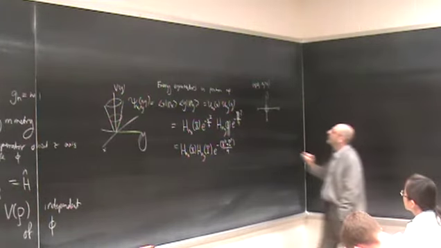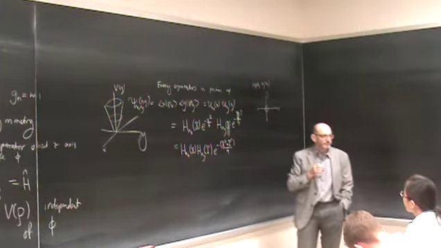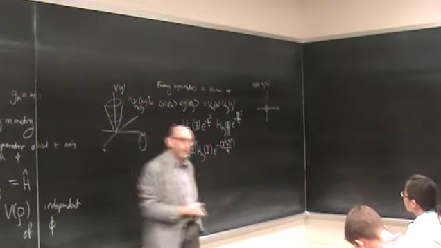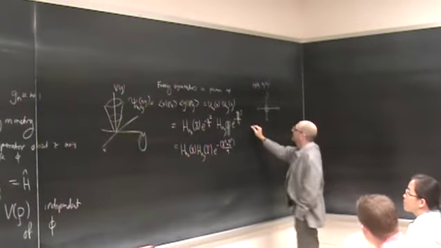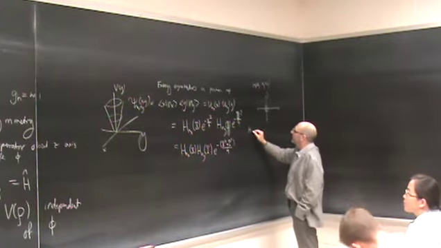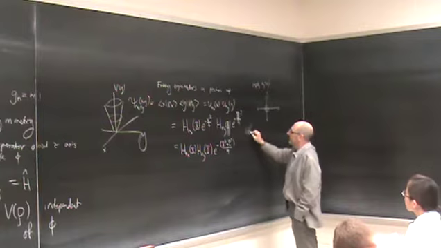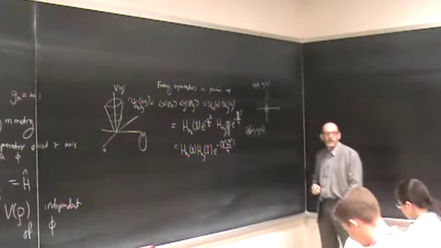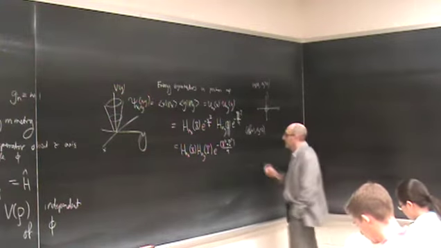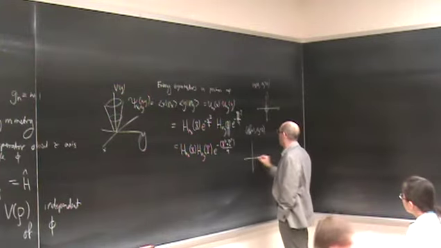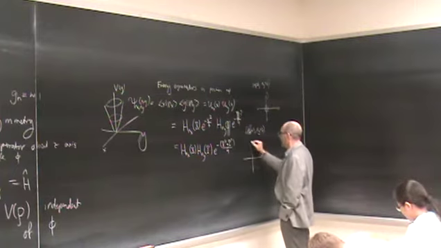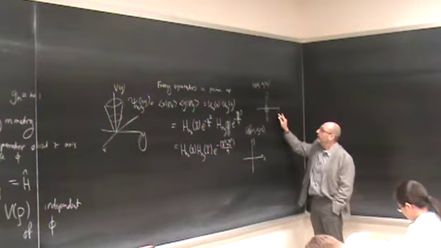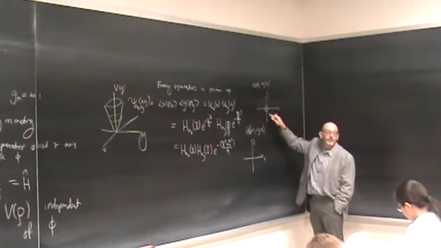Okay, what about the first excited state? Well, there are 2 of them. The degeneracy in that case is 2. And so for the first excited state, we could have 1 excitation along x and no excitation along y. So what would that look like? Well, along x it has a node, and along y it looks like a Gaussian, right?